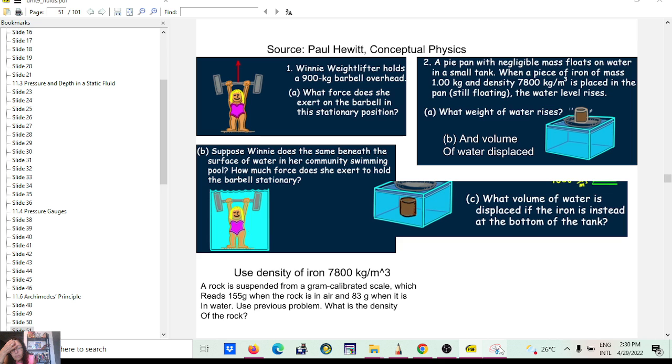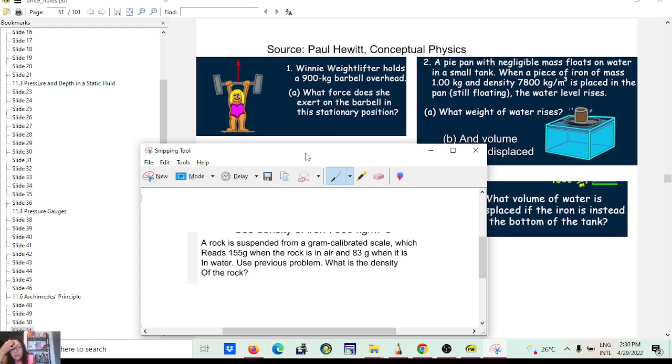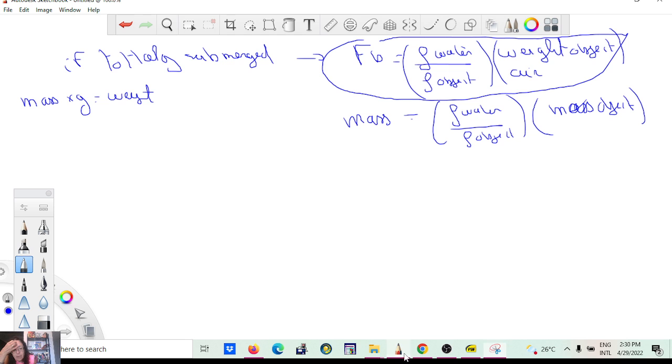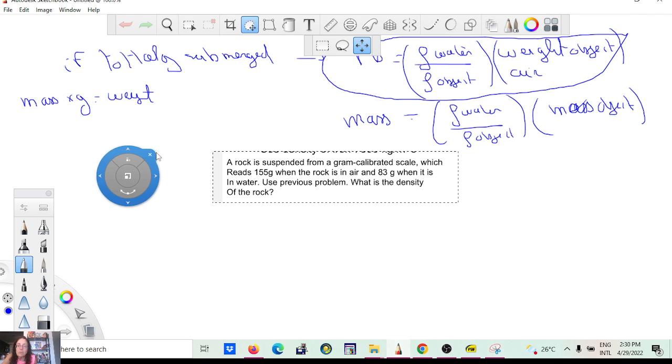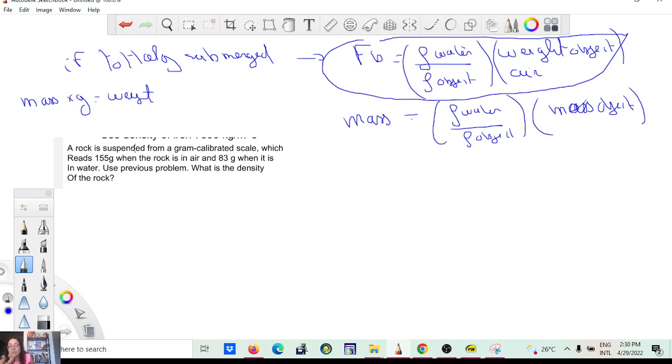Here's a very cool tool, and remember how we work with units. It's very important that the units are the same on both sides of an equality. It doesn't have to be kilograms or Newton, as long as it's consistent. That's a trick that they use in geology.